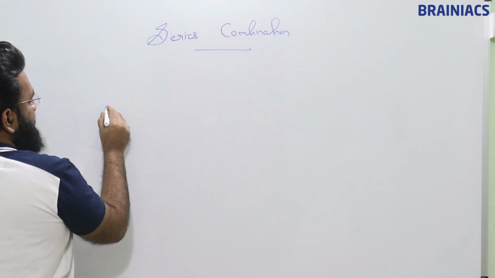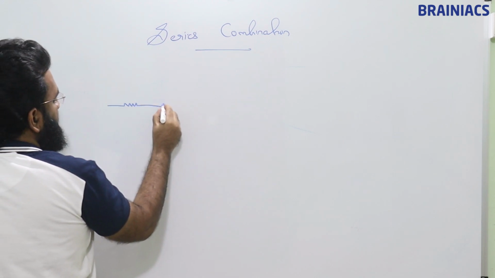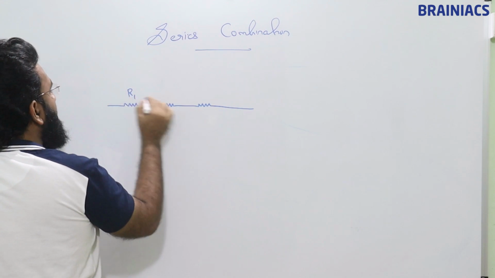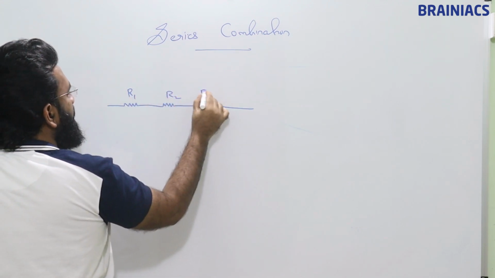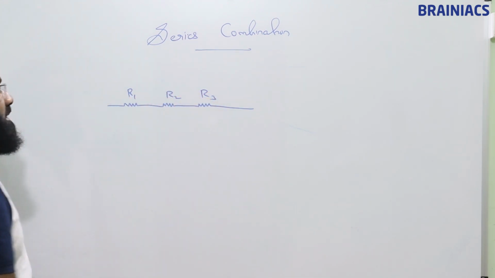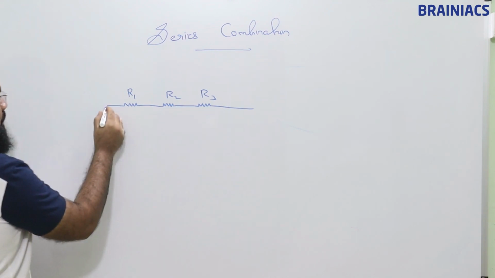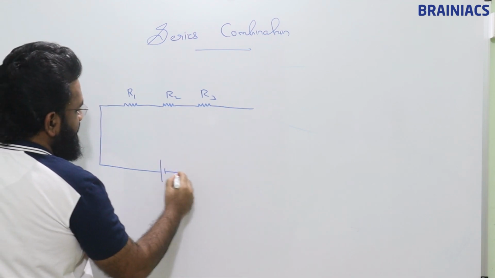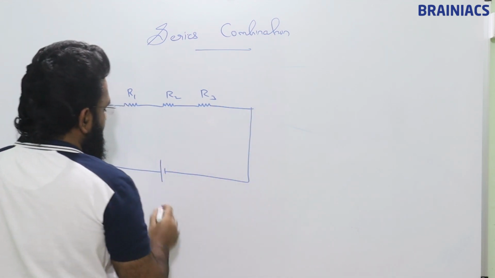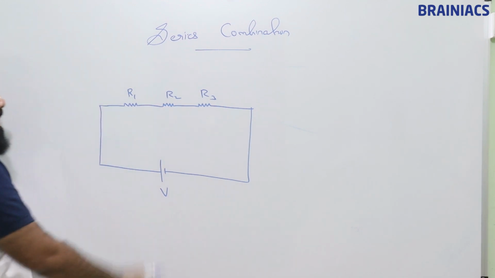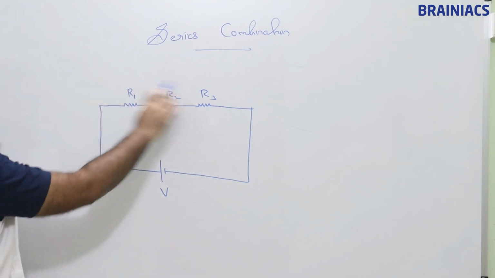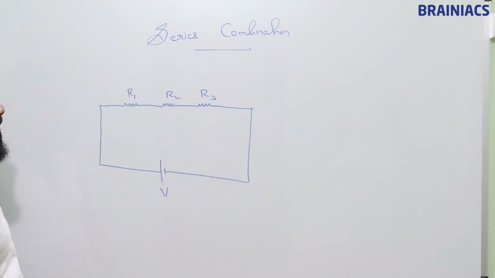So three resistors. I take three resistors, R1, R2, R3. They are connected in series. Now we connect them to a battery. The battery's voltage or potential difference is nothing but V. So if we connect like this, this is a closed circuit.